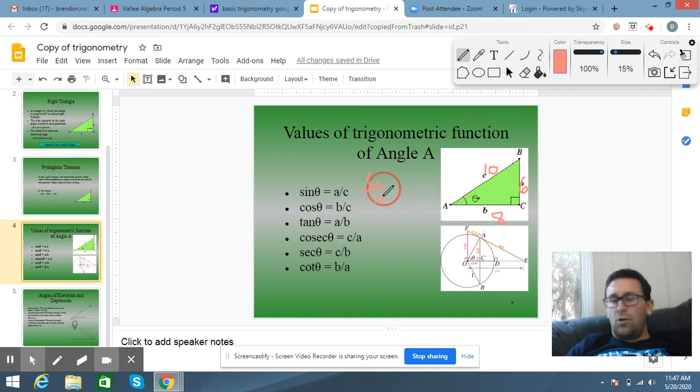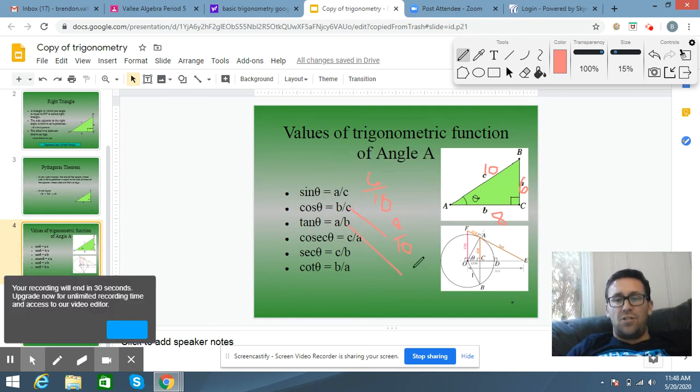Cosine would be the adjacent side, which is 8 over 10. And then the tangent would be opposite over adjacent, so that's 6 over 8.